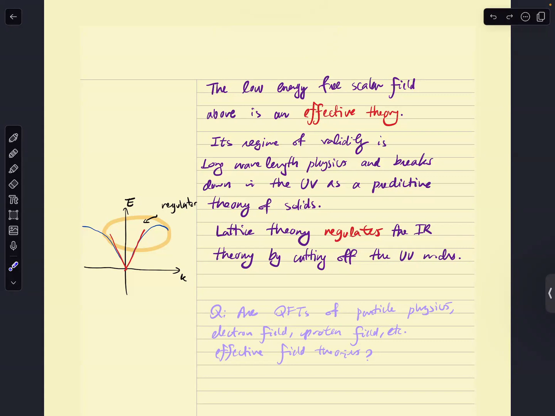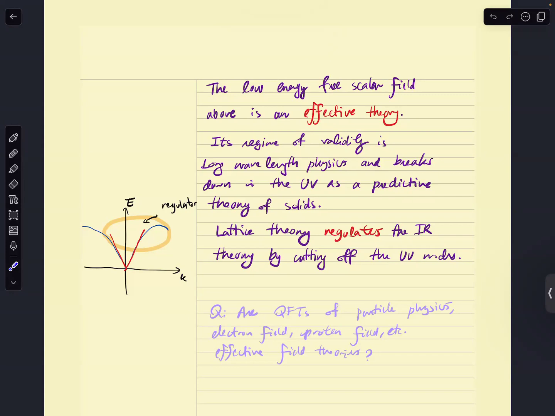So what did we do? Let me just summarize. We started with a model of a bunch of atoms attached by springs, or particles attached by strings around the circle. We solved this classically. In low energies, we found a bunch of waves. These are the sound waves.